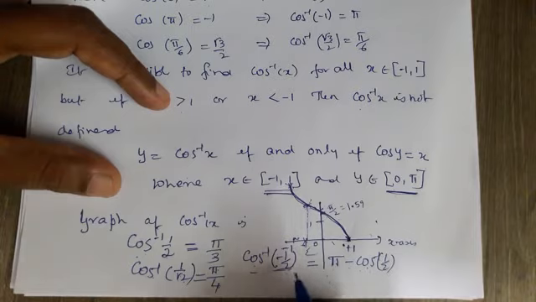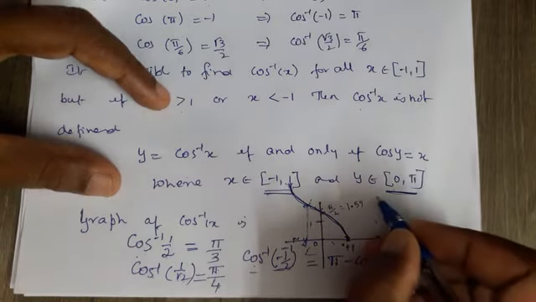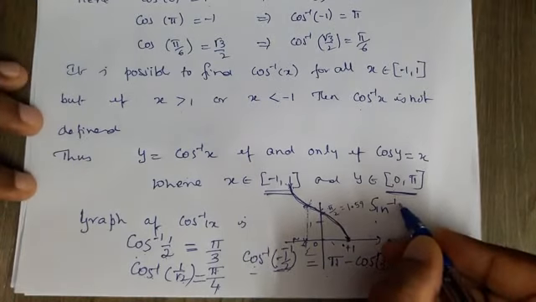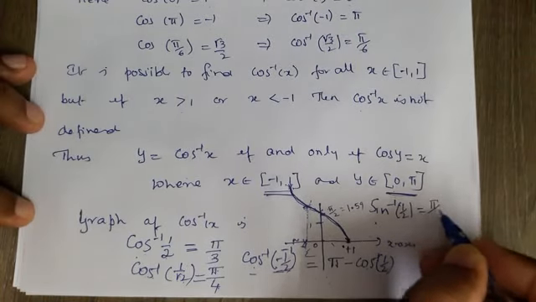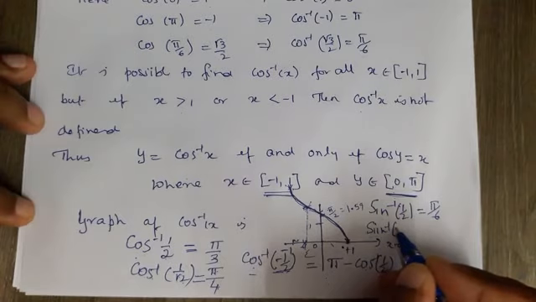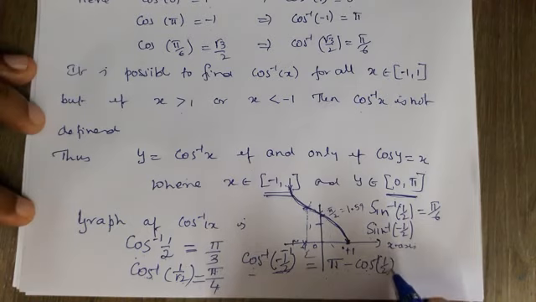That is, cos inverse of minus x is equal to pi minus cos inverse x. Whereas in the case of sine, it will not be like this, because you know the value of sine inverse half. Sine inverse half is pi by 6. Sine inverse of minus 1 by 2 is not pi minus pi by 6.